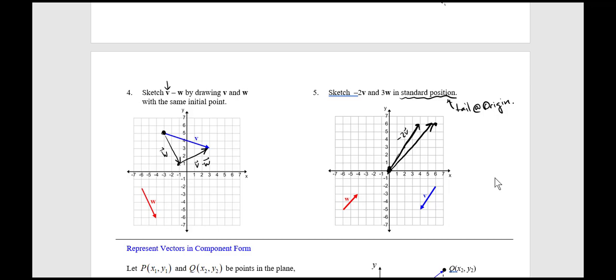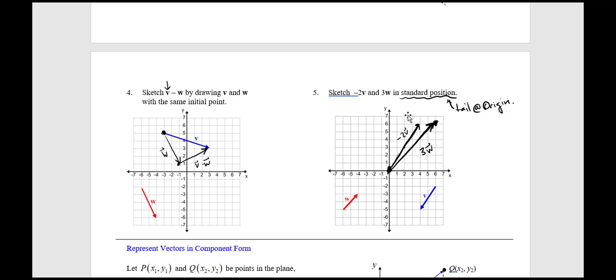That vector there that follows along that slope of 1 to 1, rise to run, that is 3w in standard position. Remember, standard position just meaning tail at the origin.